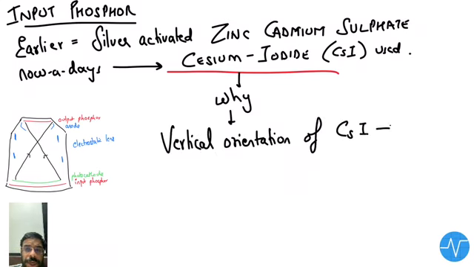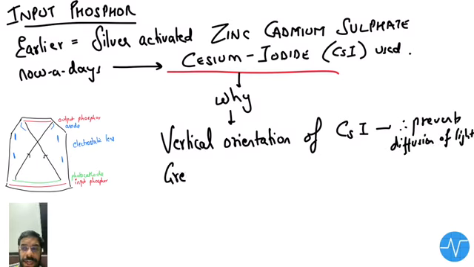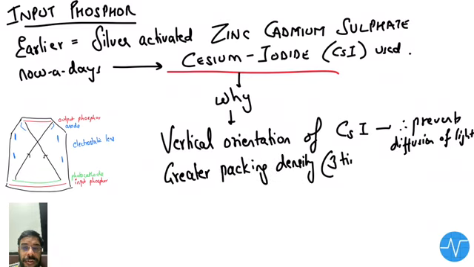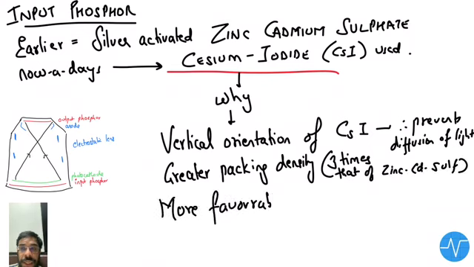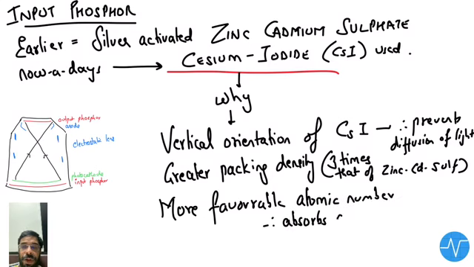Because there is vertical orientation of cesium iodide crystals. Therefore, it will prevent diffusion of light. Second point is there is greater packing density, around 3 times that of zinc cadmium sulfate. And third point is the more favorable atomic number of cesium iodide. Therefore, the absorption percentage would be greater.